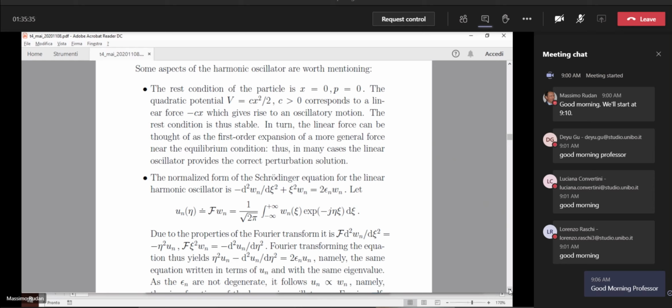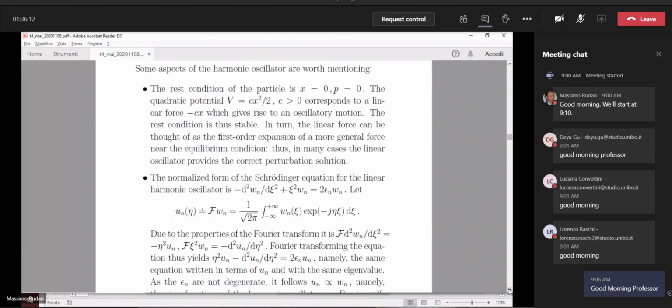Another thing that we can do is checking what happens if we consider the normalized form of the Schrödinger equation of the linear harmonic oscillator and take the Fourier transform.